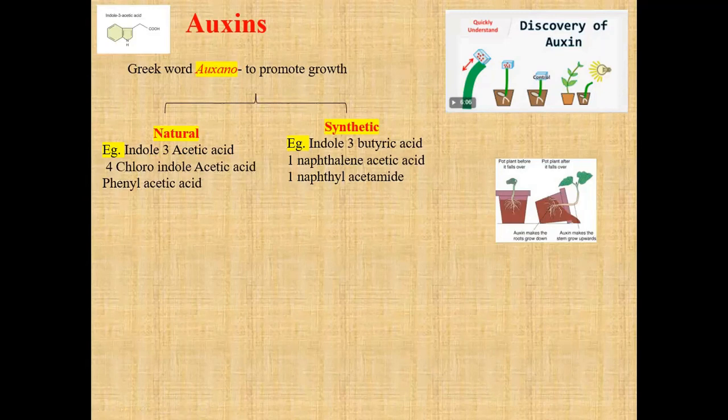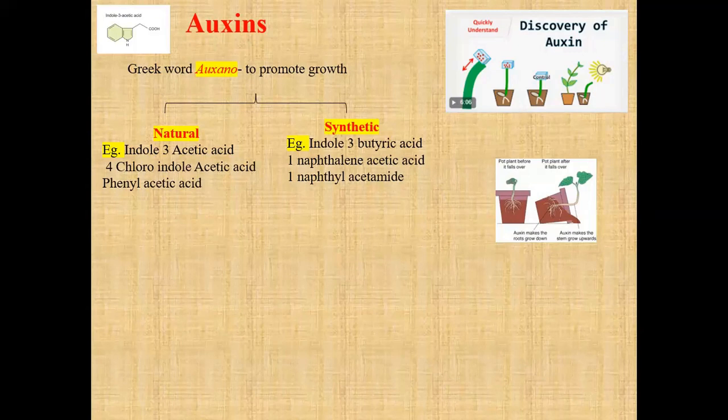Later, this agar portion was placed on one end of the plant portion, and they allowed it to grow. In this first diagram, you observe that where the agar portion was placed on half of the stem of the plant, growth is observed.